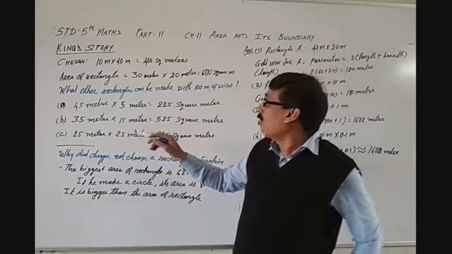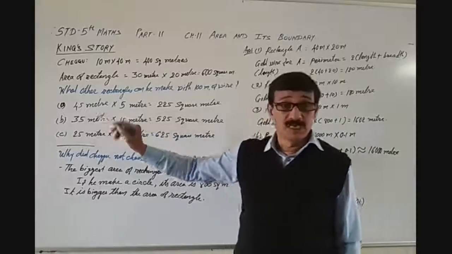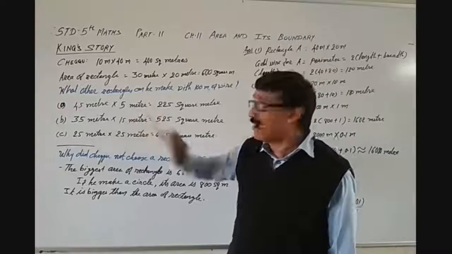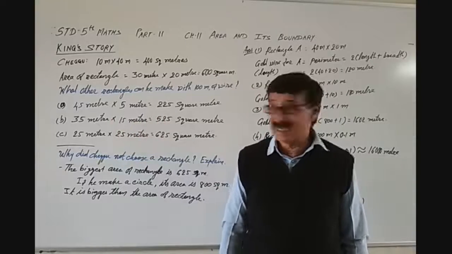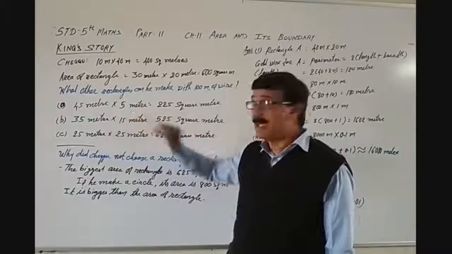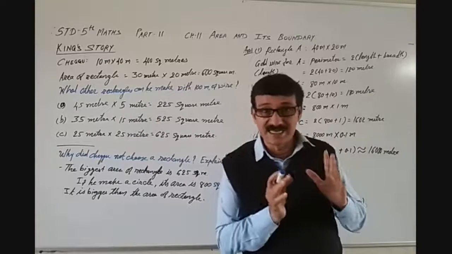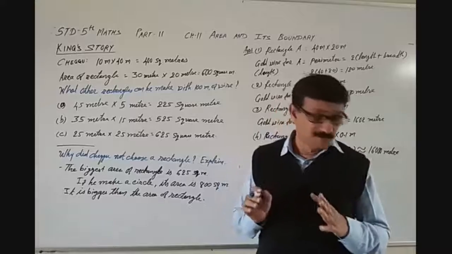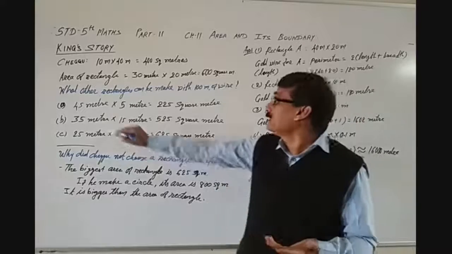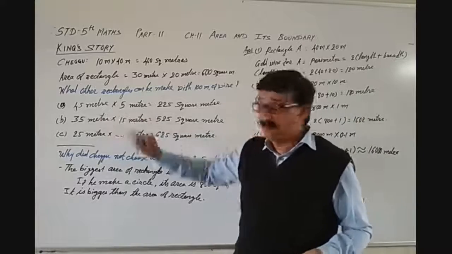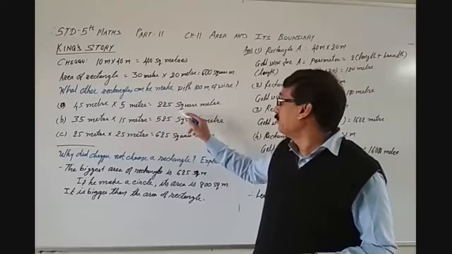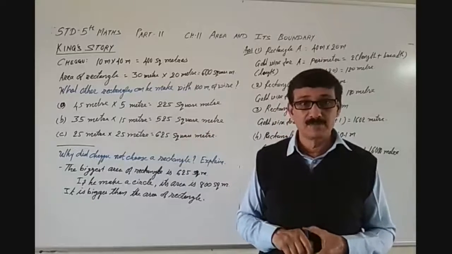Suppose a rectangle of 45 meter by 5 meter. Then the area of this rectangle will be length multiplied by breadth, that is 45 meter by 5 meter, which is equal to 225 square meter.